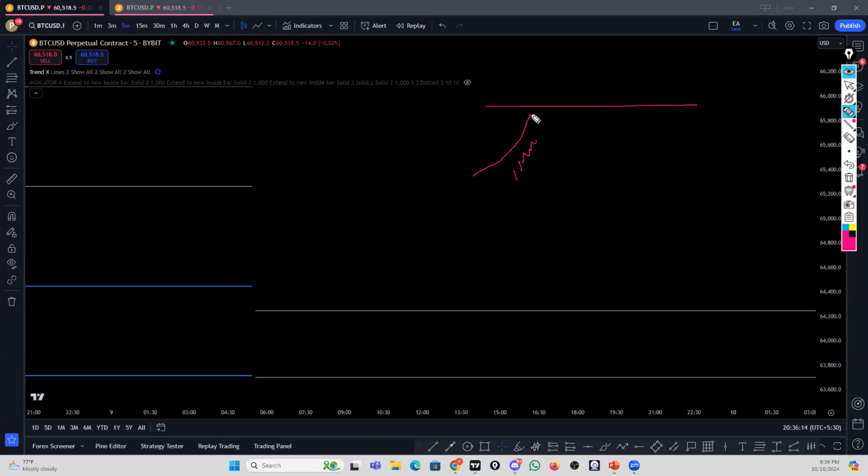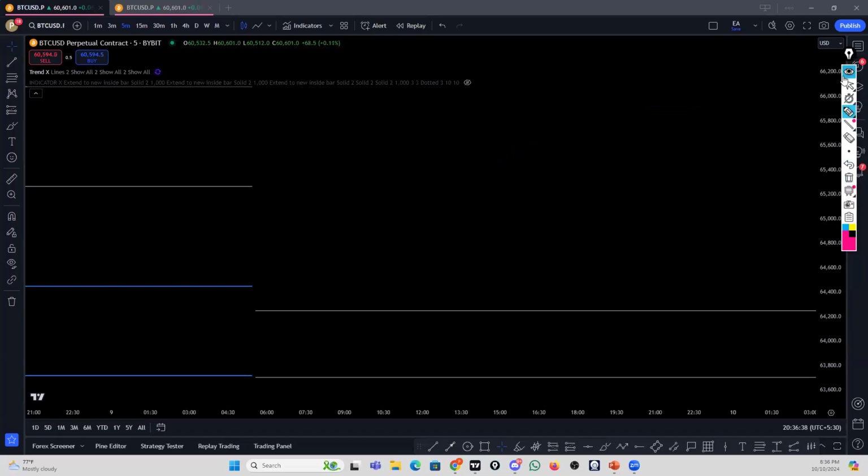It should be at least nearby, not somewhere like here or here, because if you see any candle patterns there, our stop loss will be very big, since our stop loss will be above resistance. So make sure when we take the trade, it should be near or exactly at resistance.